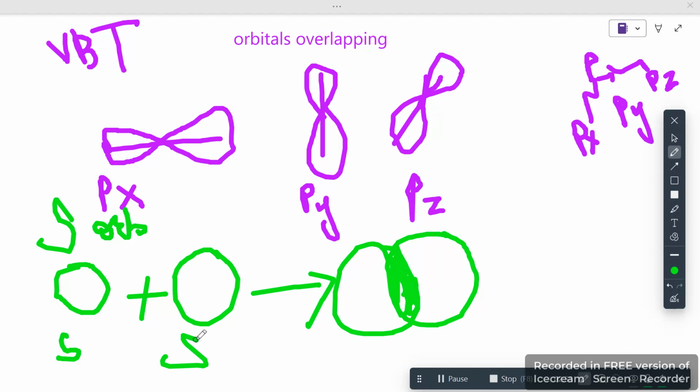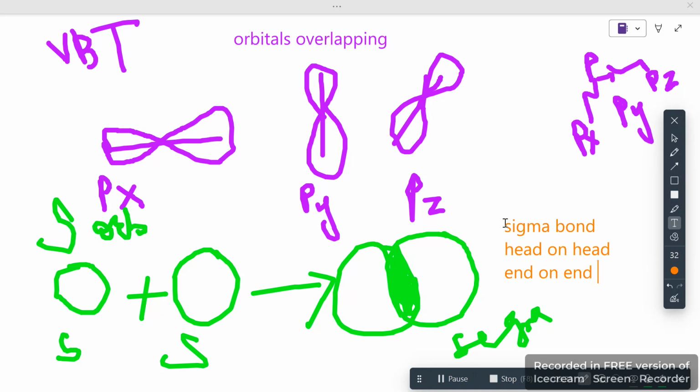This means s plus s form a new bond. Bond formation happens here, the overlapping happens here. This bond formation is known as a sigma bond, which is also known as head on head, and also known as end on end.